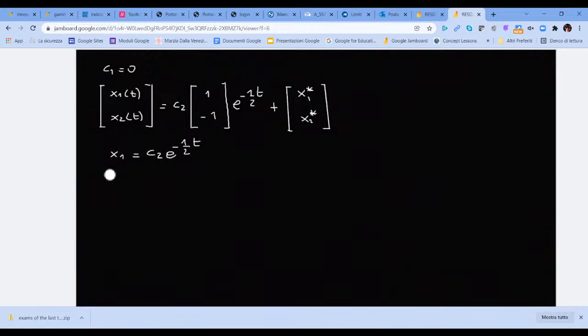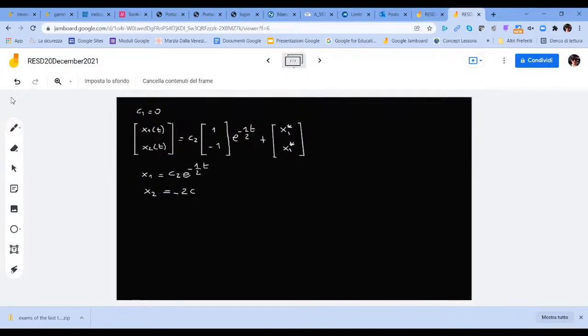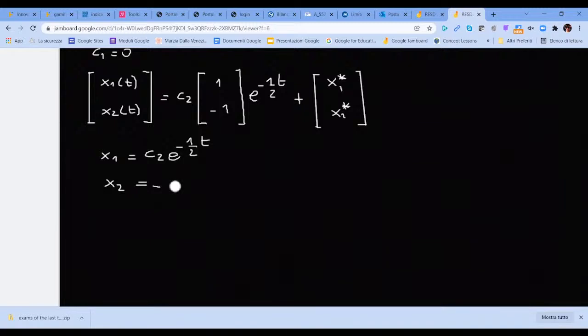And x2 is equal to minus C2 times e to minus 1/2 t.